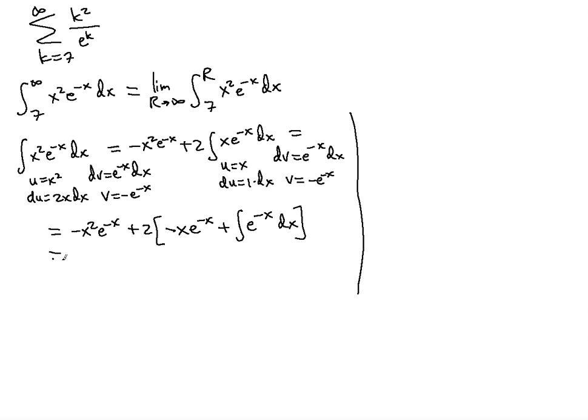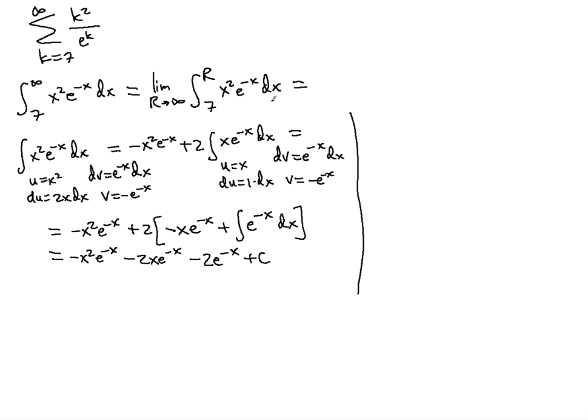That gives us negative x squared e to the negative x minus 2x e to the negative x. The antiderivative of e to the negative x is negative e to the negative x, so negative 2 e to the negative x plus a constant. So we found the antiderivative.